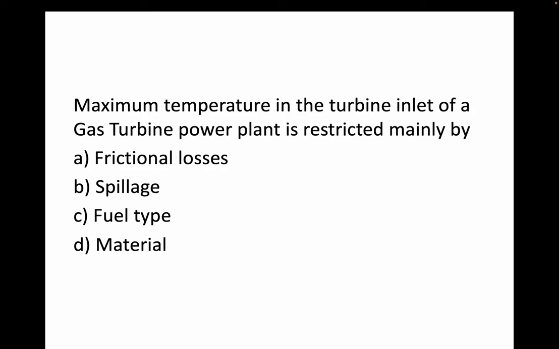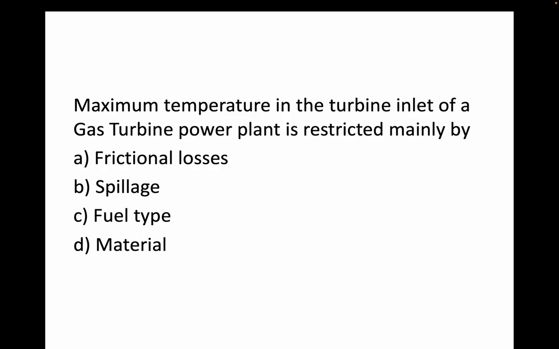Okay. Next we have: maximum temperature in the turbine inlet of a gas turbine power plant is restricted by what? First of all, we need to understand that in a Brayton cycle, first we compress the air and then we increase its temperature through an isobaric combustion process. Now the higher I increase the temperature, the better, because if we expand the gas from very high temperatures to atmospheric temperature, then the amount of energy produced will be much higher.